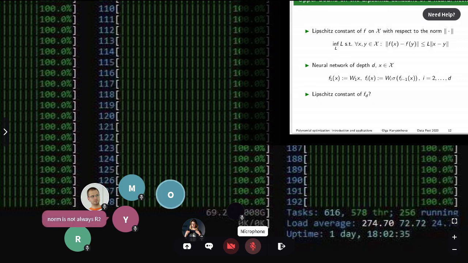Yes, the norm can be any norm which admits some polynomial representation. Mostly you can deal with the infinity norm, you can deal with norm 1, and you can deal with norm 2. For each of them, there will be a slightly different representation.